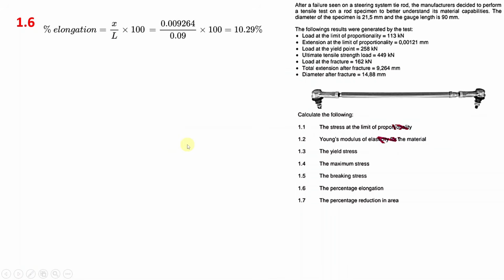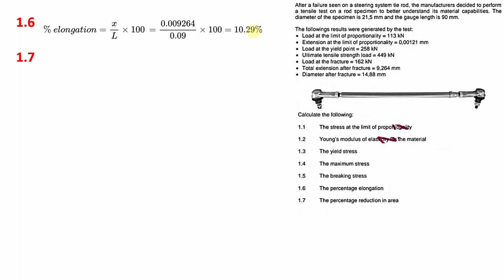And so if you do that here, X, the total extension after fracture is given like that. You can see it here. After fracture, this was the total extension of the bar. And so you divide that by the original length of the bar, you multiply by 100, and this will give you the percentage elongation.